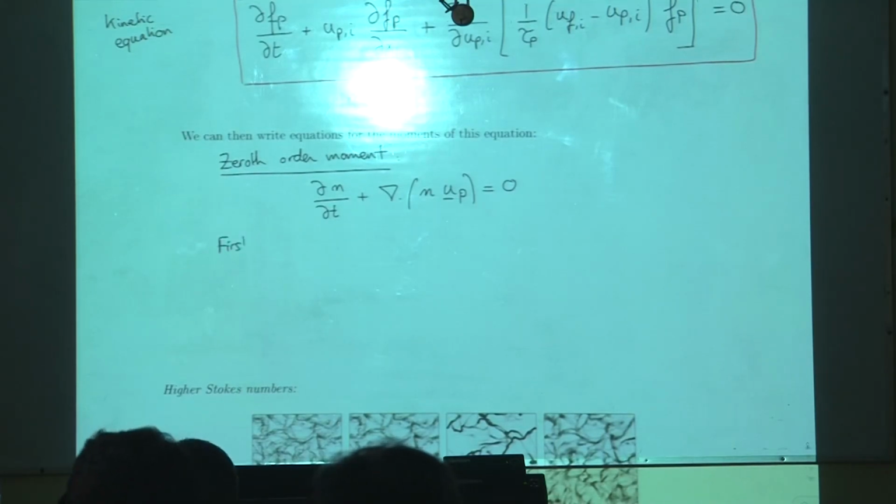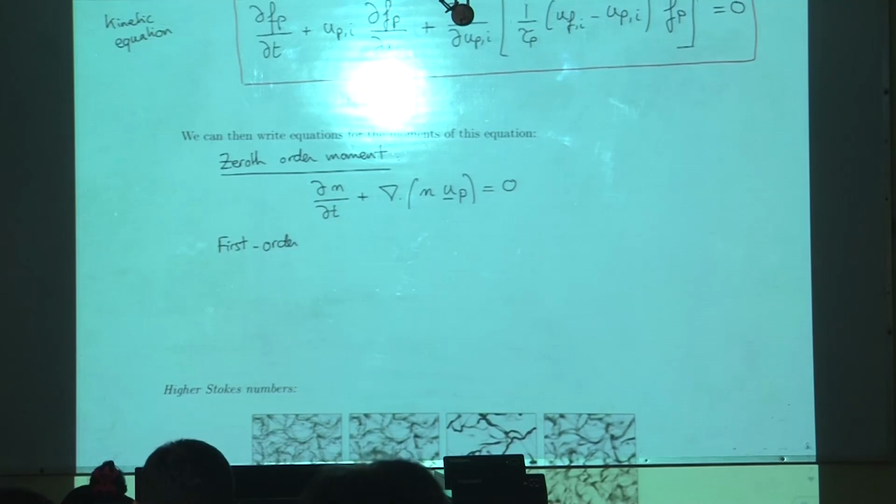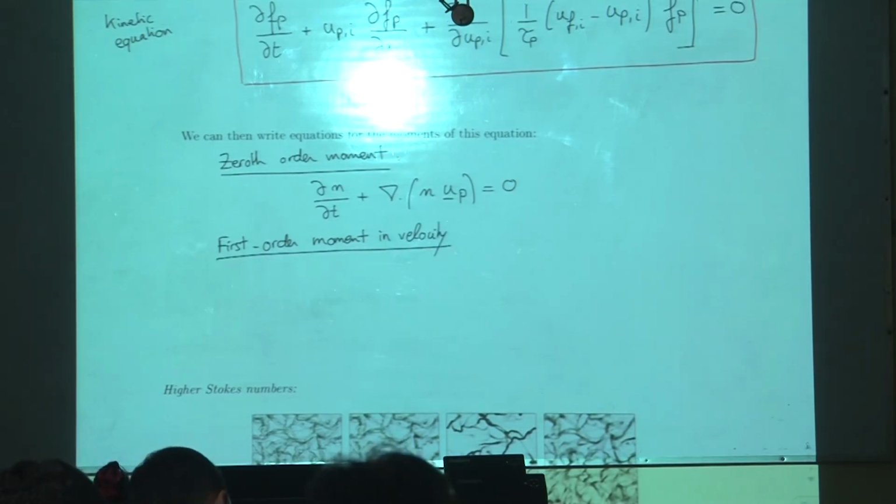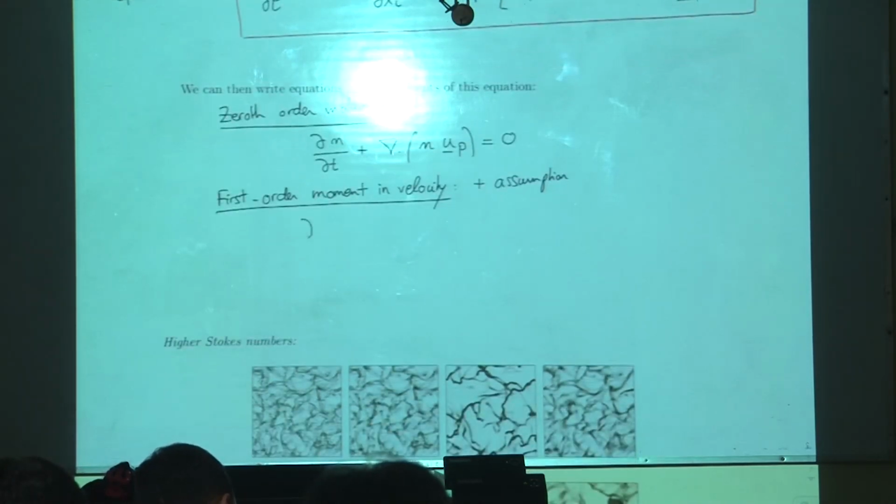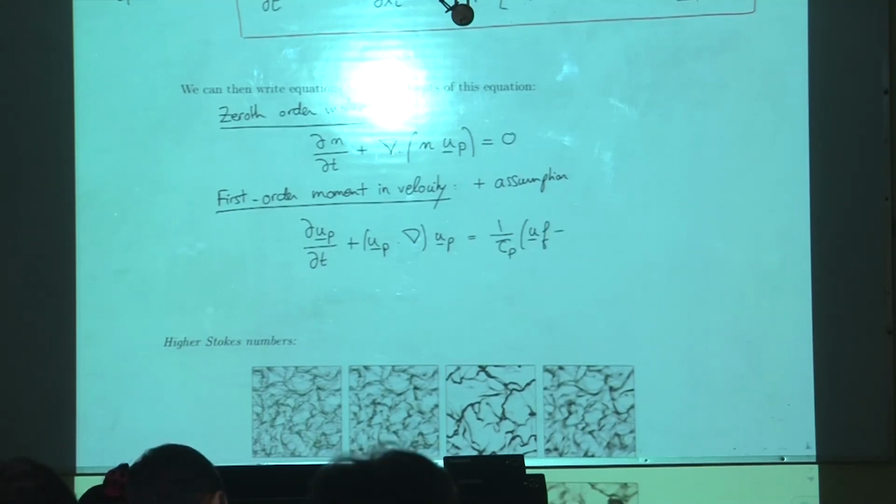If I take my first order moment in velocity, and I'll say plus assumptions, and we'll talk a bit more about that in a second, then I can easily obtain the following equation: du_p/dt plus u_p dot grad u_p is equal to 1 over tau_p times (u_f minus u_p).